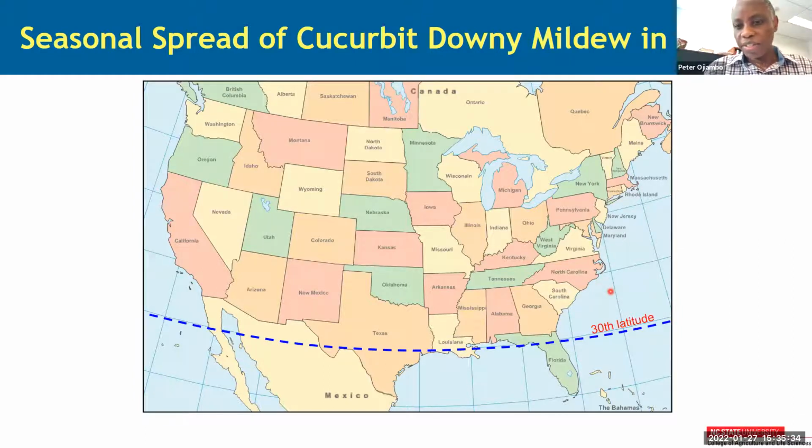There's no crop out in the field. Everything is killed because of the winters. It only overwinters below the 30th latitude in southern Florida, where we have a subtropical climate that allows for year-round production of cucurbits.